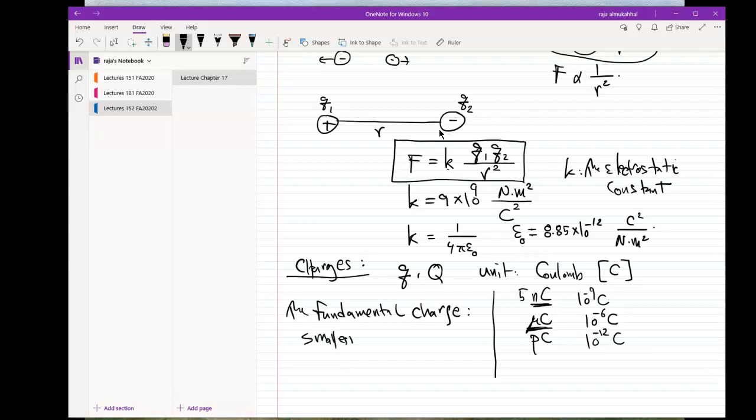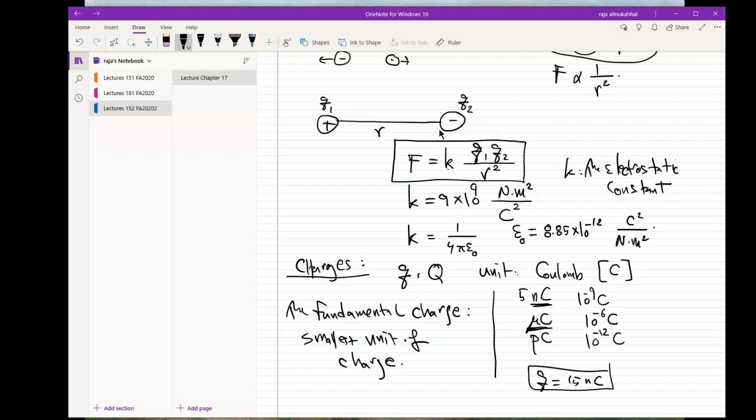In other words, any charge of anything, say something of a charge Q equal 15 nanocoulomb, this charge is really a number of fundamental charges. So this is basically one way to think about it. It's like the building block of any charge Q.